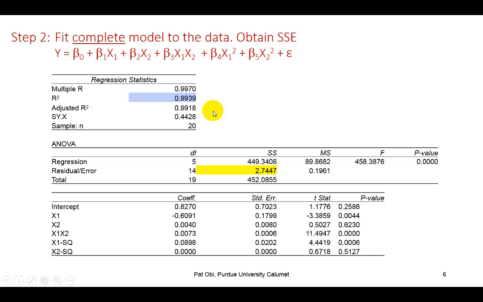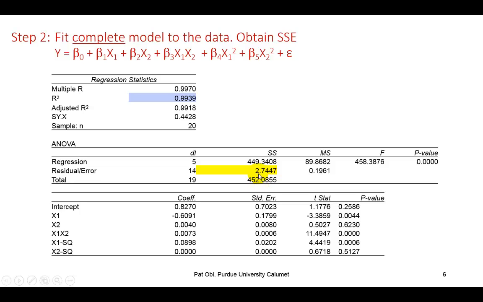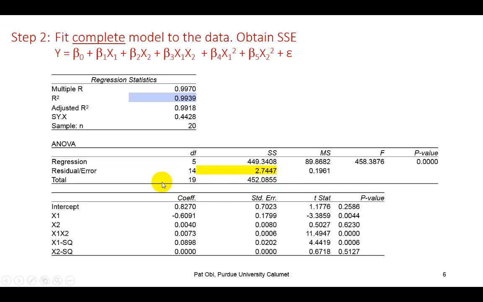As well, we find that the sum of squares error has decreased from 6.63 to 2.74. So these are good things. But the question is whether this decrease from 6.63 to 2.74 is statistically significant. This is the question that we pursue in this partial F-test analysis.